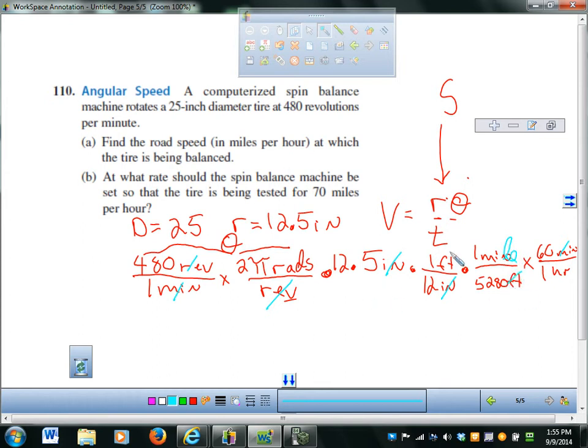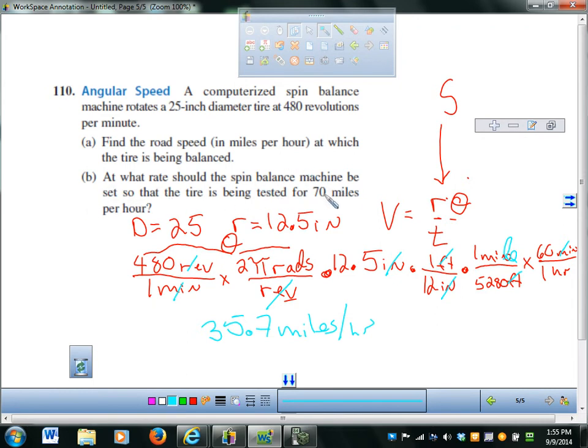Feet cancel with feet, and I'm left with miles per hour. If I multiply all the stuff on the top and divide by the stuff on the bottom with my calculator, I get 35.7 miles per hour.